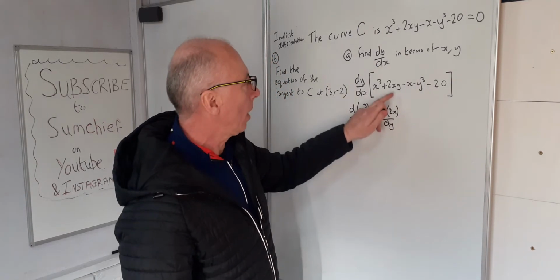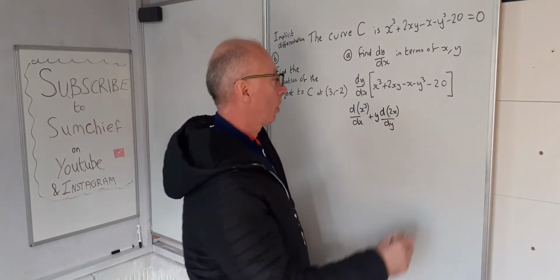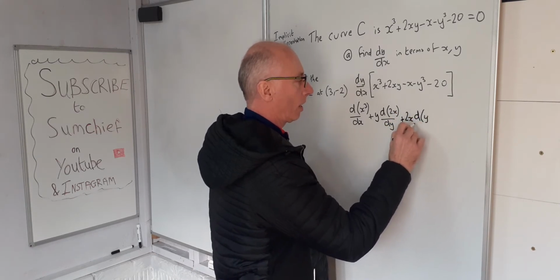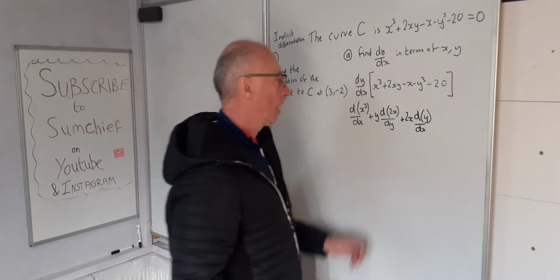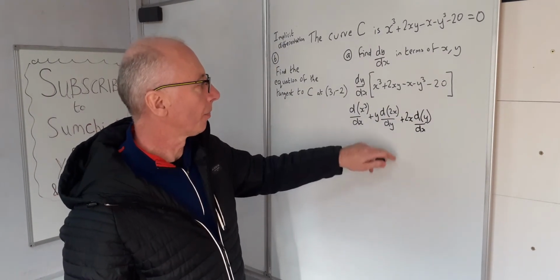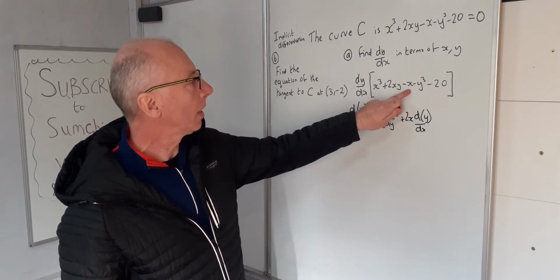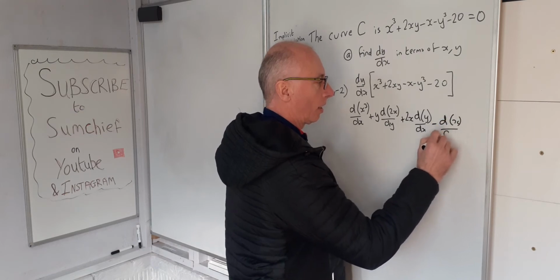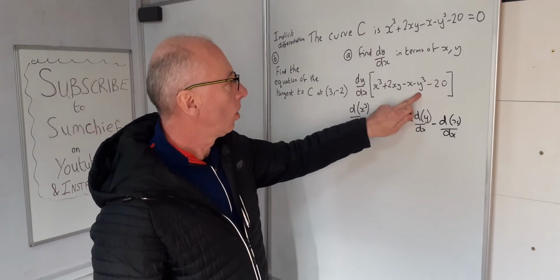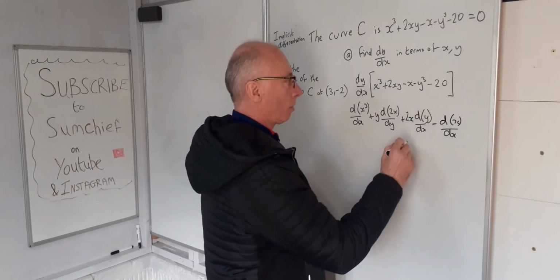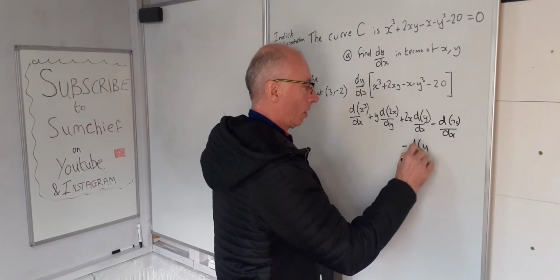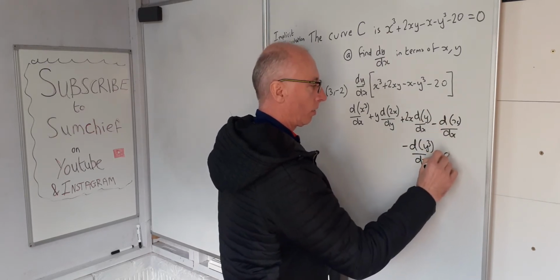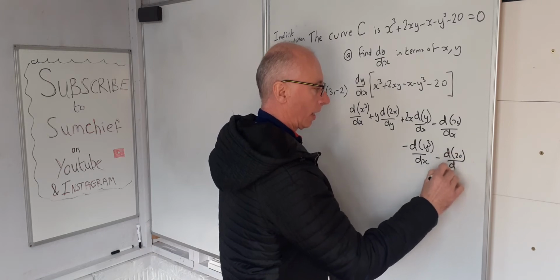I haven't taken the derivative of y yet, so I add 2x times the derivative of y with respect to x. That way I'm taking care of both. Now the minus x, so minus dx/dx, then minus the derivative of y cubed, and then minus the derivative of 20.